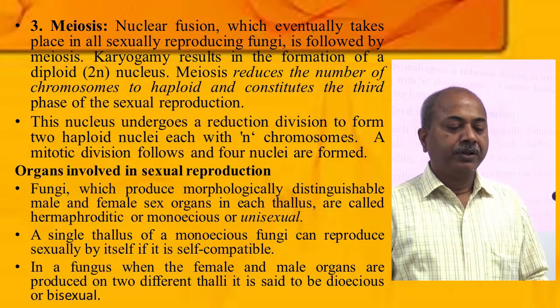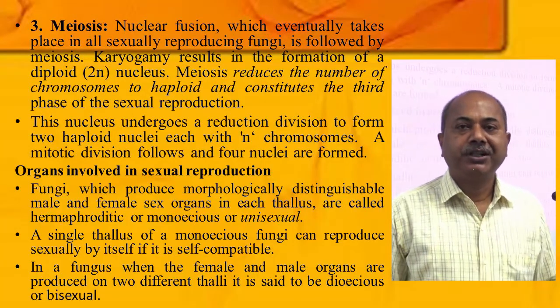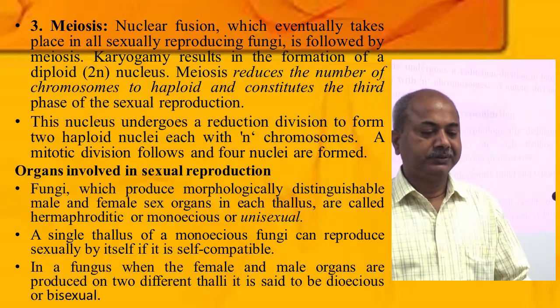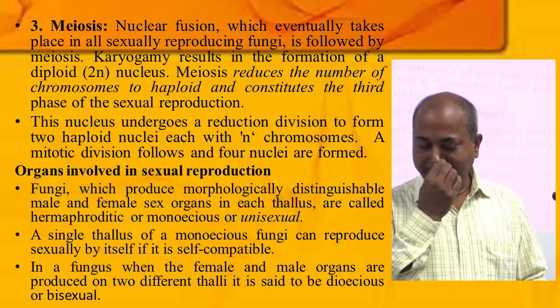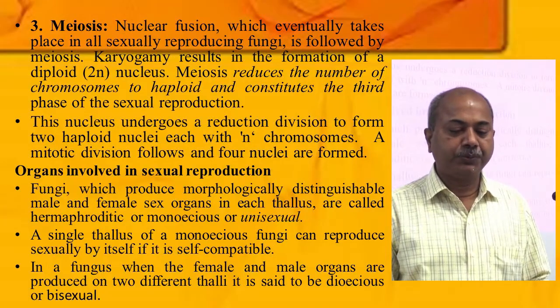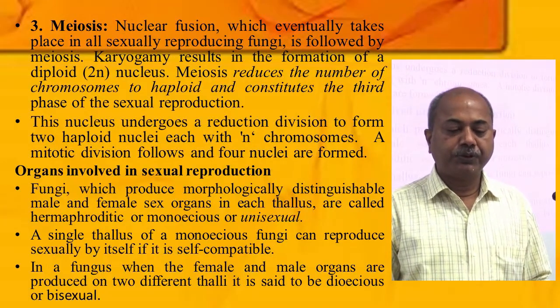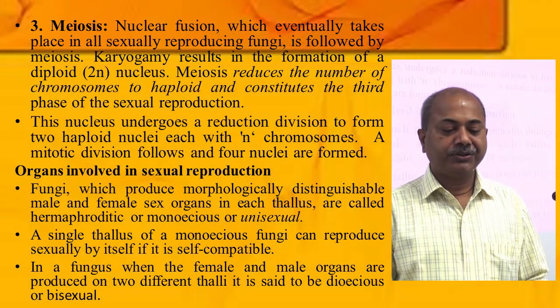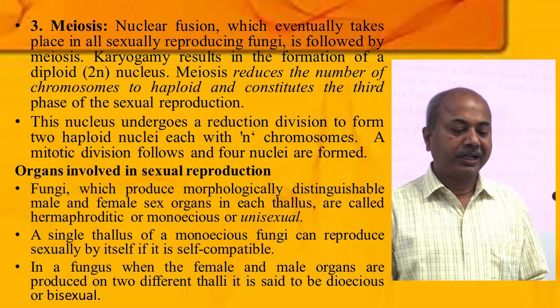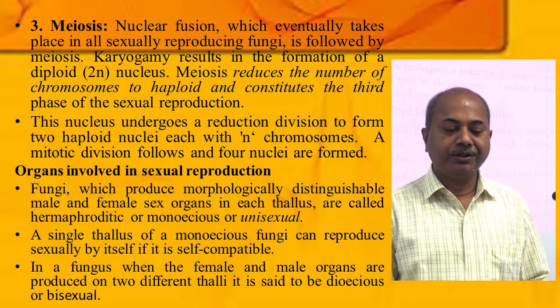Now, the organs involved in sexual reproduction. What are the organs? You must have the idea that fungi which produce morphologically distinguishable male and female sex organs in each thallus are called hermaphroditic or monoecious.